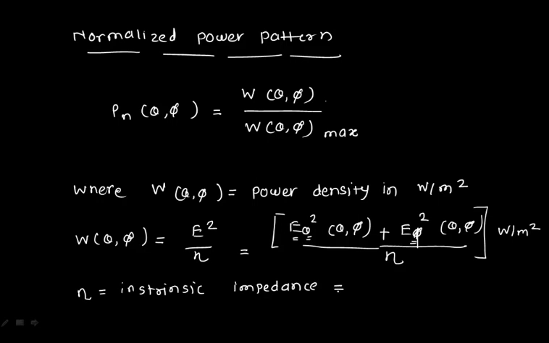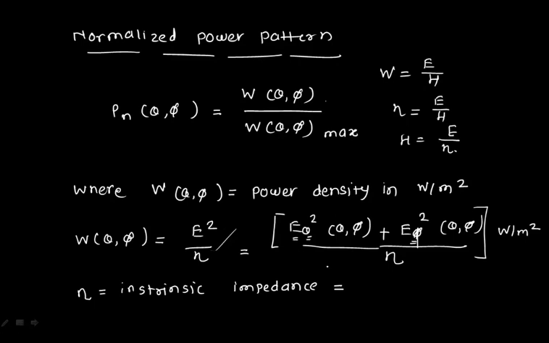Actually this neta is E by H, and your power density is E by H. I'm so sorry, you have replaced H with E by neta, and that's why if you put the value of H here, it becomes neta by E, and E goes there and you get E square.